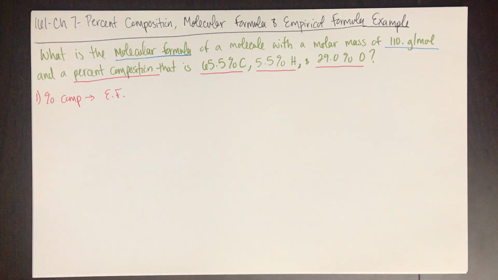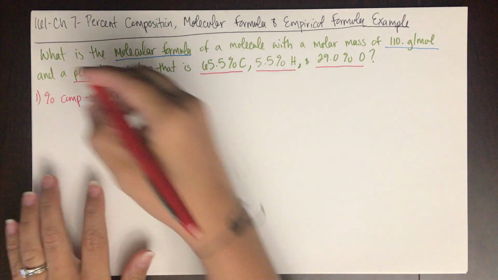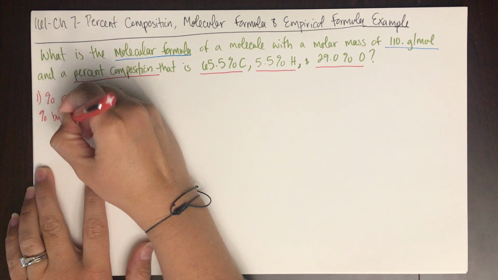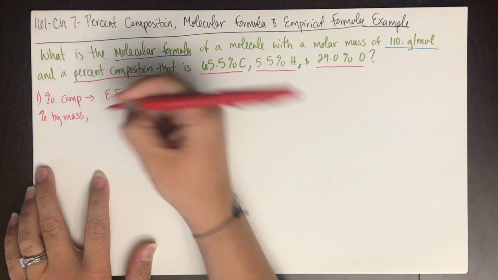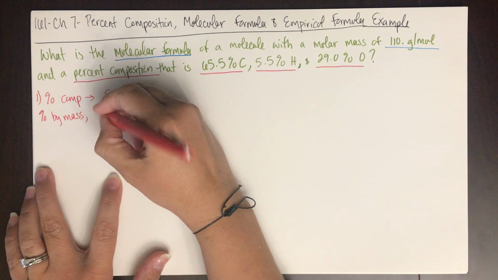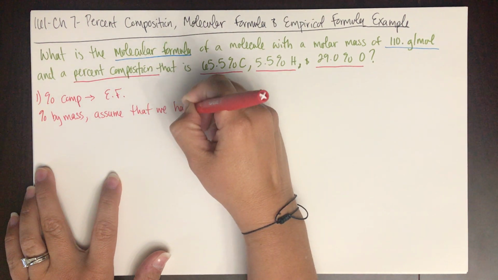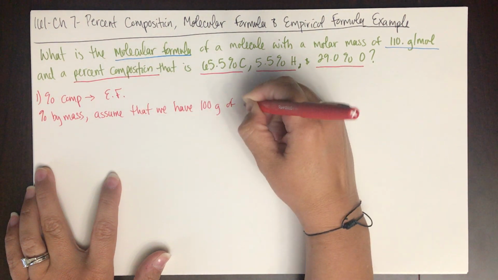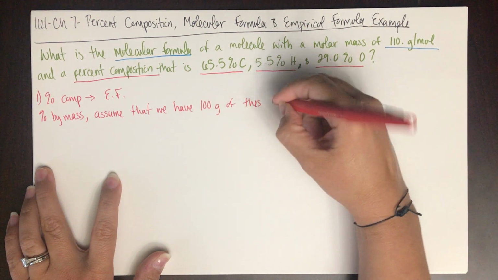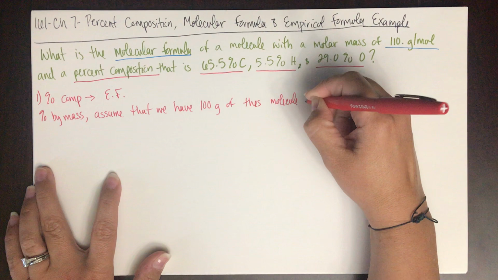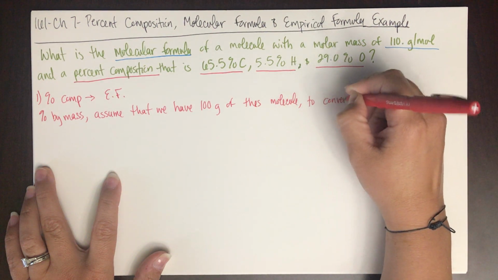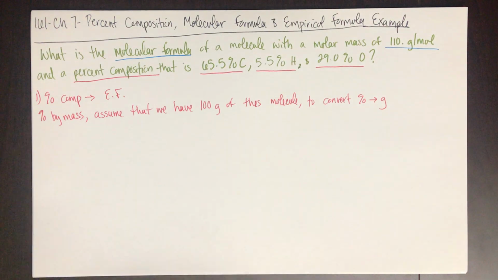Okay, so let's talk about how we do that. Percent composition to empirical formula. Remember, the percent composition is the mass. It's percent by mass. So the rule that we follow to do this is we are going to assume that we have 100 grams of this molecule, to convert percent to grams.